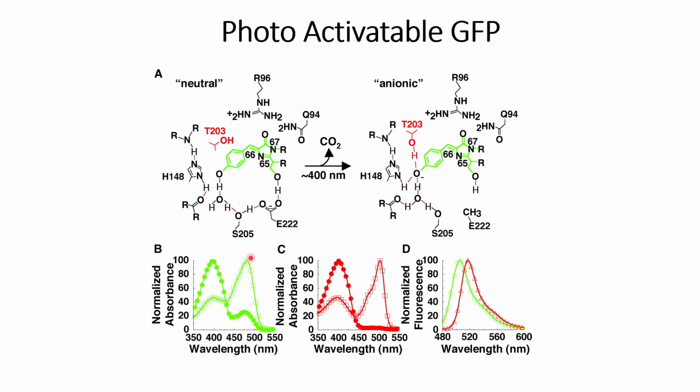So there is a slight shift in the wavelength of this anionic peak from 475 to 500. However, we are able to distinguish between activated and non-activated cells, so we can reduce the background signal and increase the contrast to a greater extent.